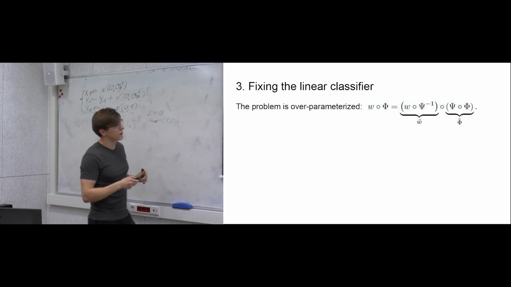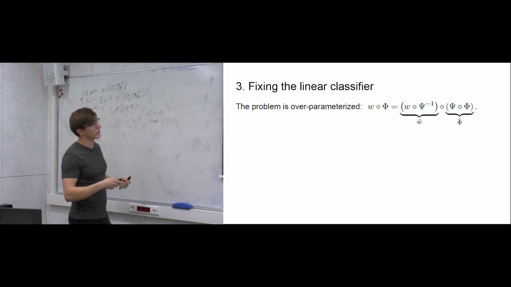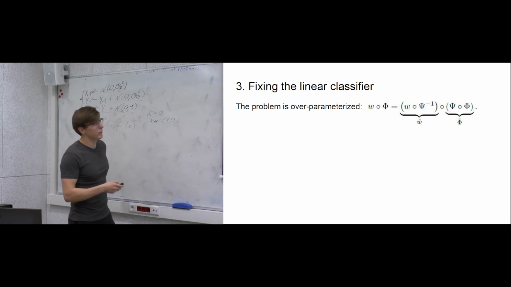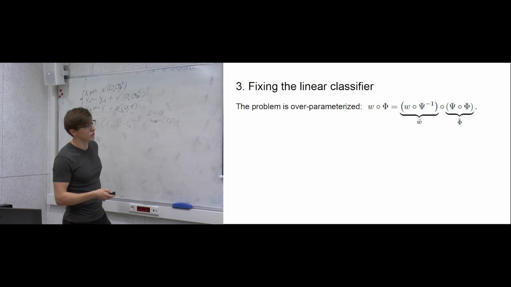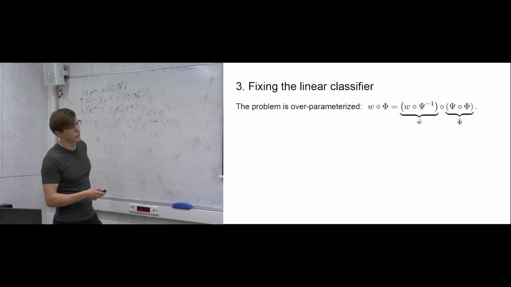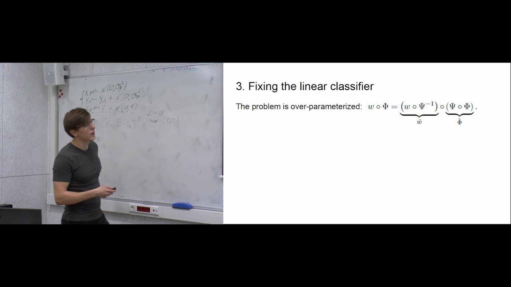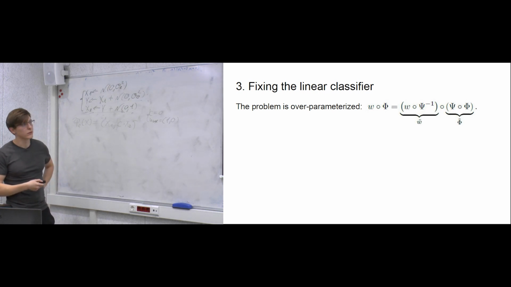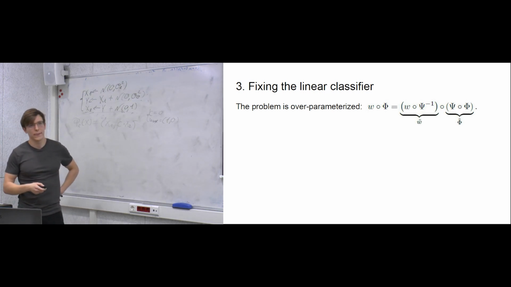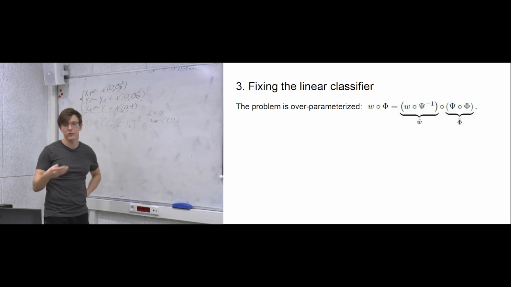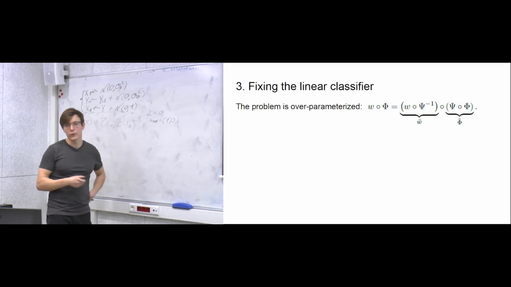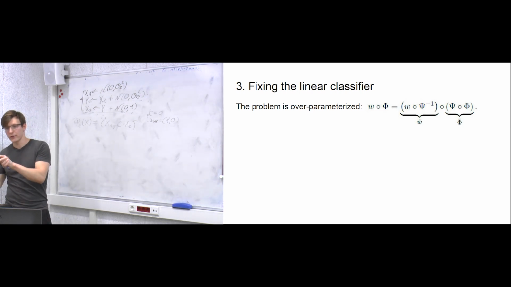Assuming linear classifiers, we have overparameterization, because for a given pair of classifier and representation, we can just multiply them by some invertible transform psi and receive the same predictor, right? Please explain this circle notation? The circle is just a superposition of functions. So you just apply one function after another.